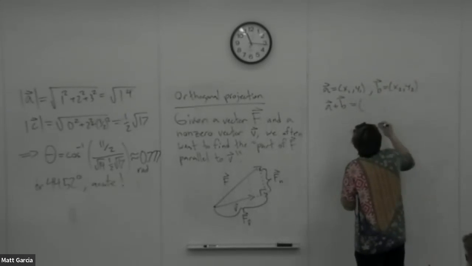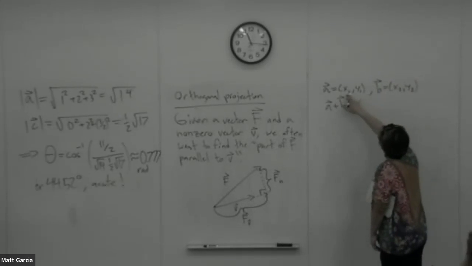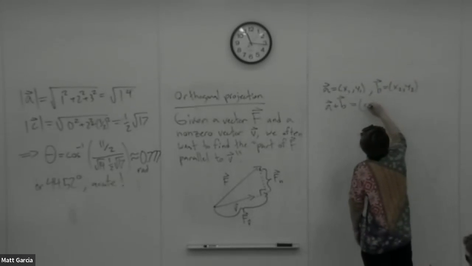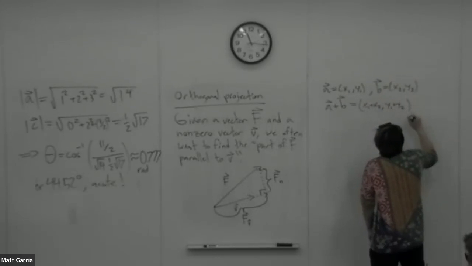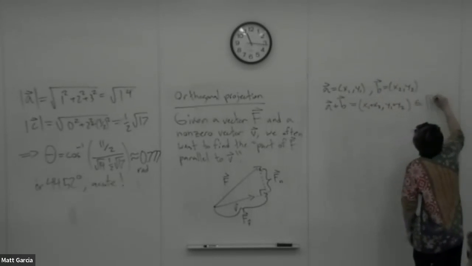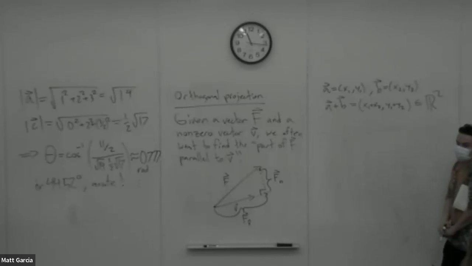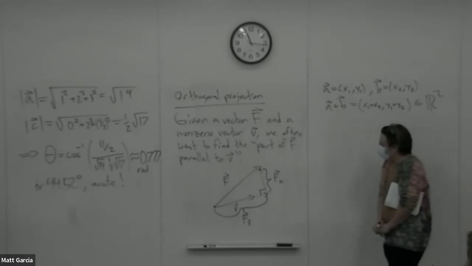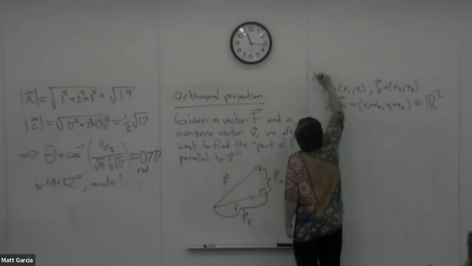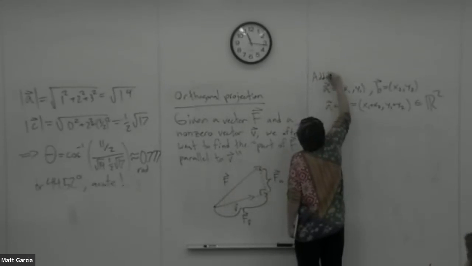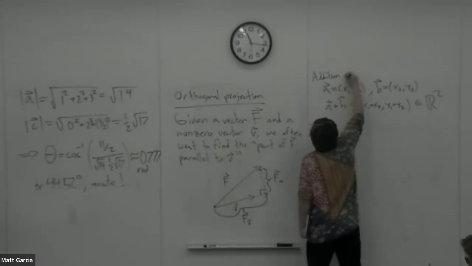And how we arrive at that is we just add component-wise. So that's how you do algebraic vector addition.